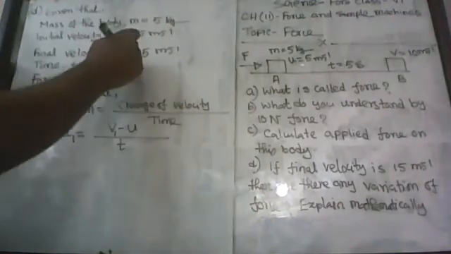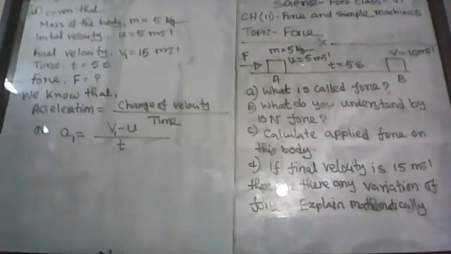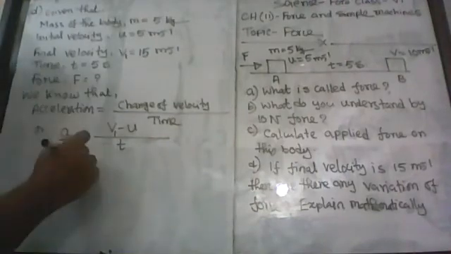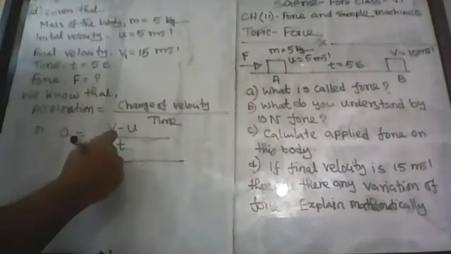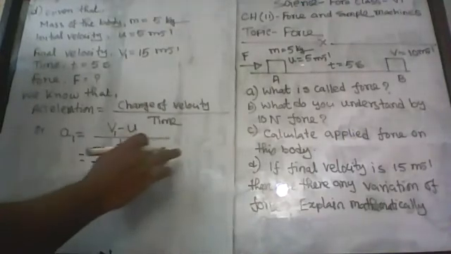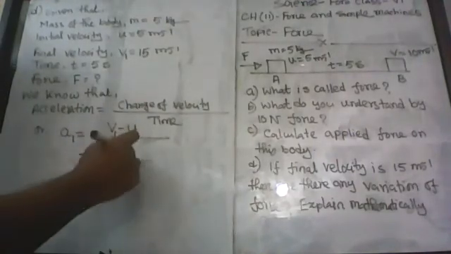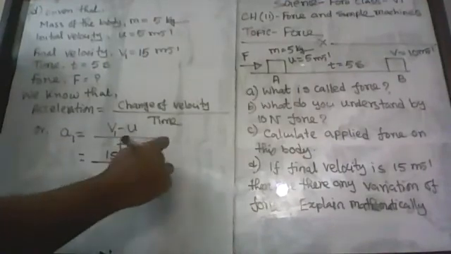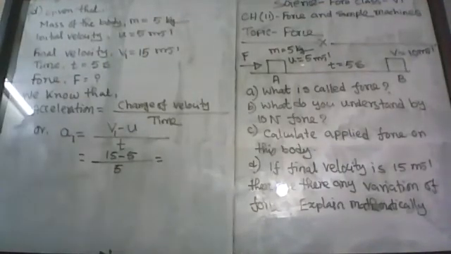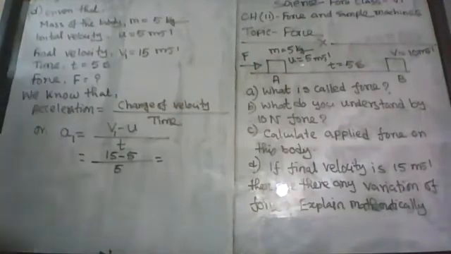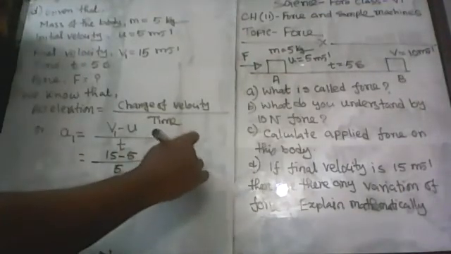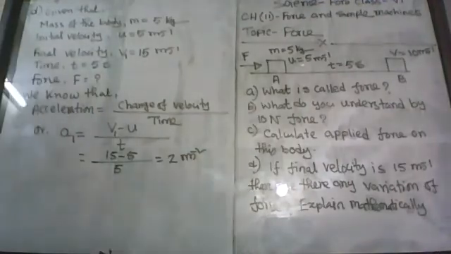So v1 equals 15 meter per second and the other things remain the same. So a1 equals (15 minus 5) by 5, which is 10 divided by 5, that is 2 meter per second square. This is the value of acceleration in the situation given in question D.